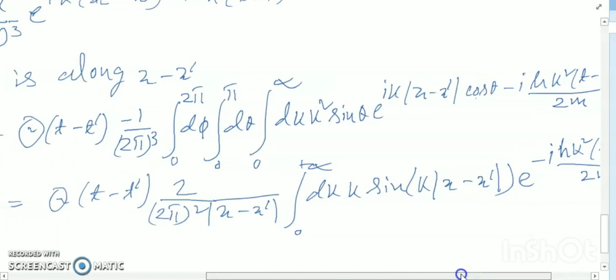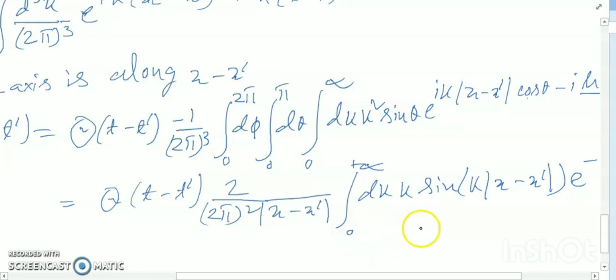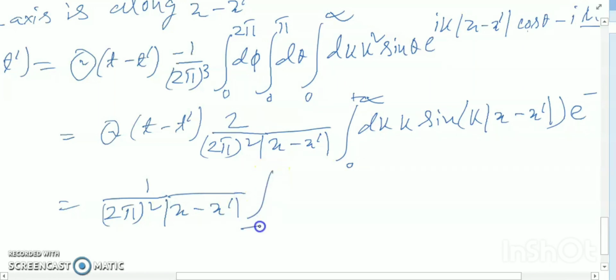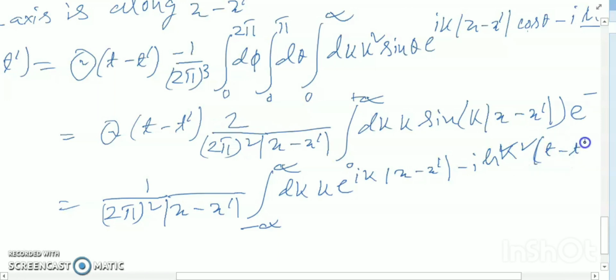Okay friends, in the second line I can now write this equation in this form: 1 by (2 pi) whole square mod of (x minus x dash), integration from minus infinity to infinity dk into k e to the power k mod of (x minus x dash) minus i h k square (t minus t dash) divided by 2m.